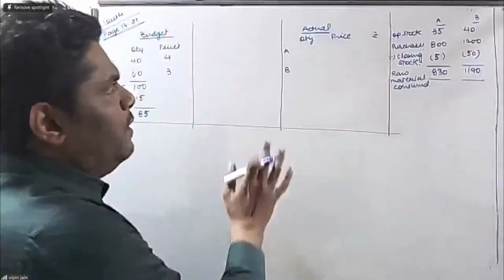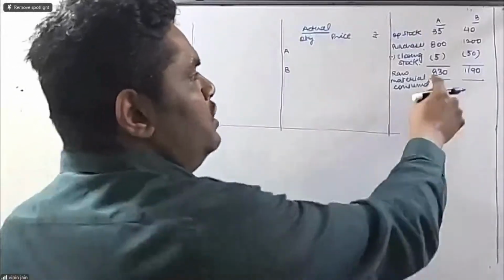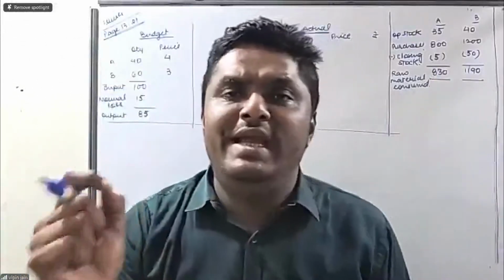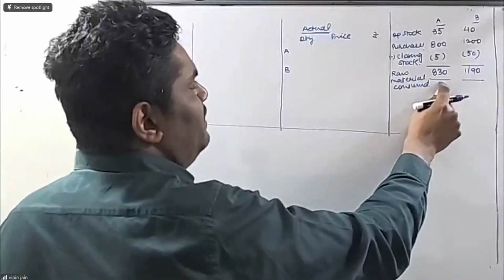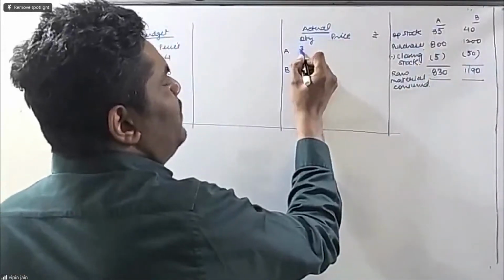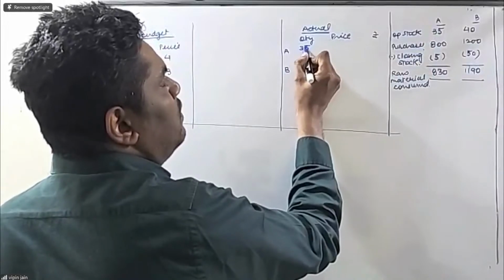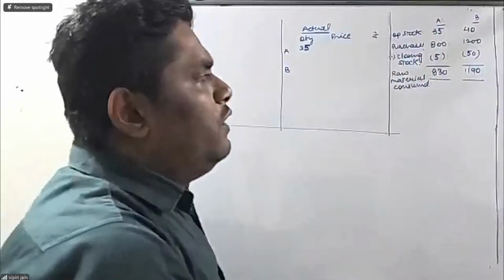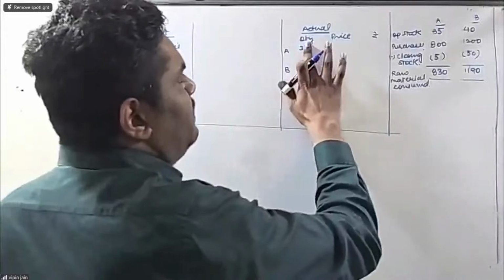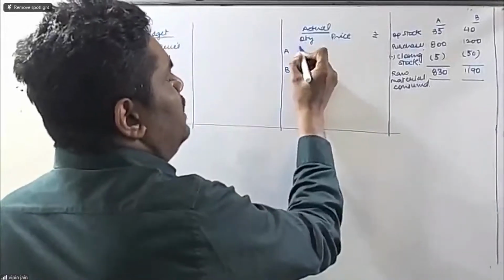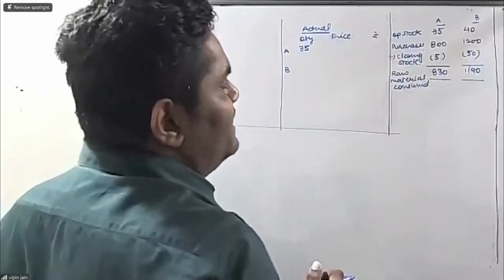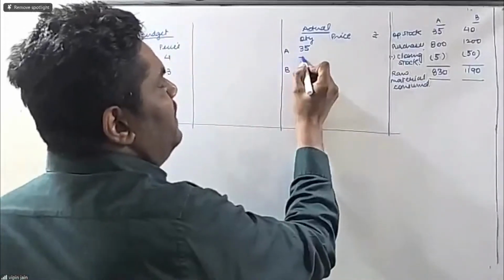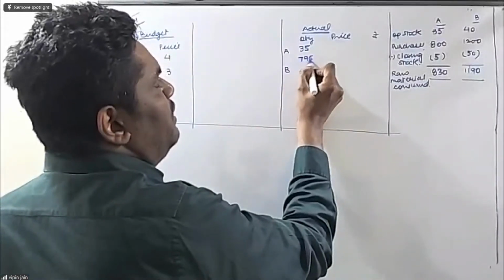So now when talking about the actual data of A, total raw material consumed is 830. So 35 will be from the opening stock and remaining 795 will be from the purchases that are made during the year.